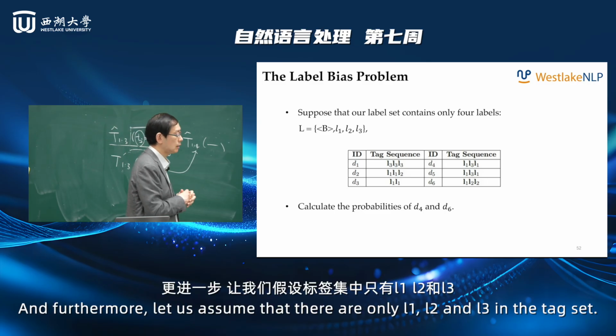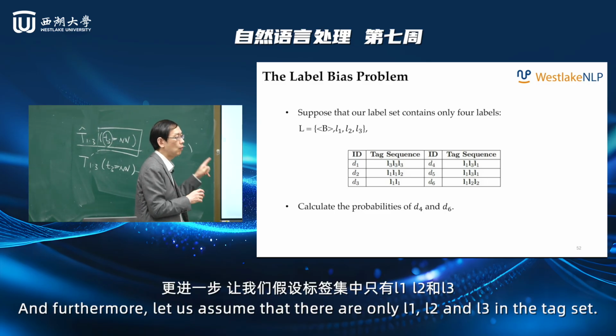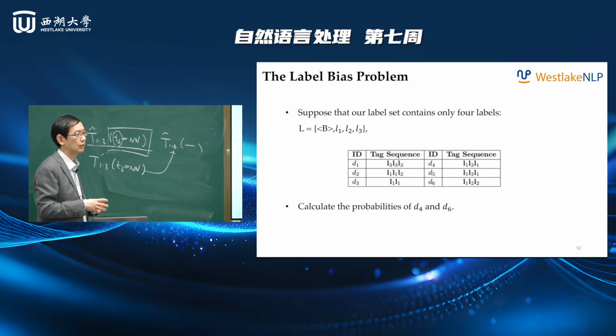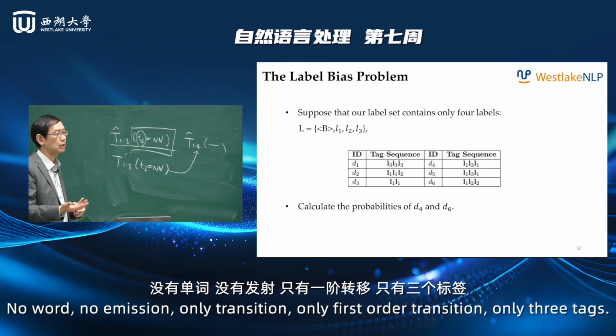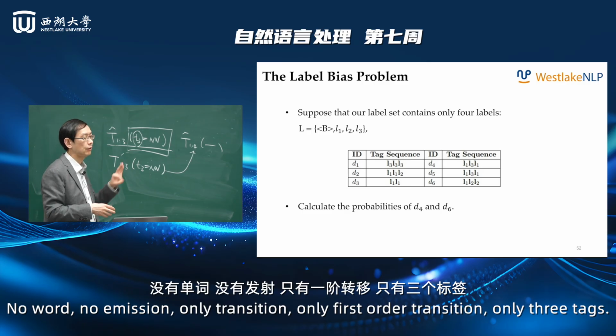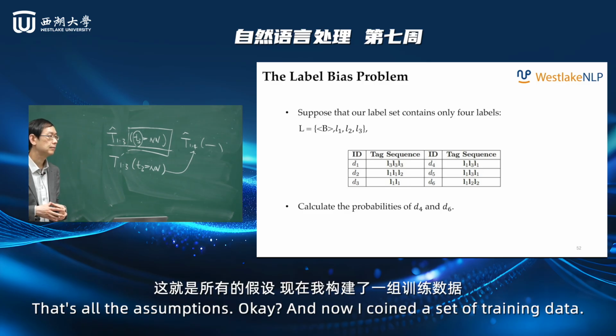Furthermore, let us assume that there are only L1, L2, and L3 in the tag set. No word, no emission, only first order transition, only 3 tags. That's all the assumptions.